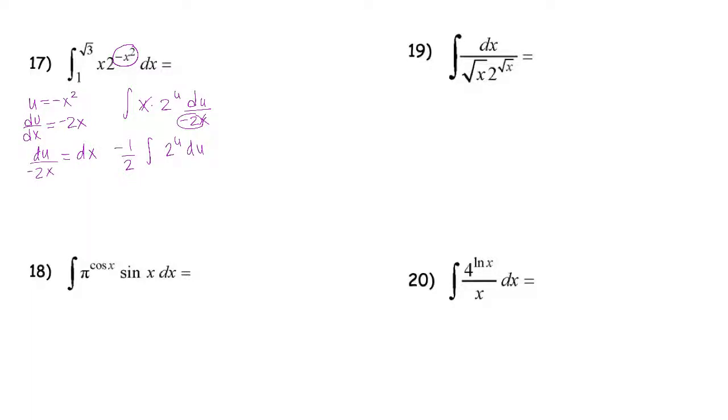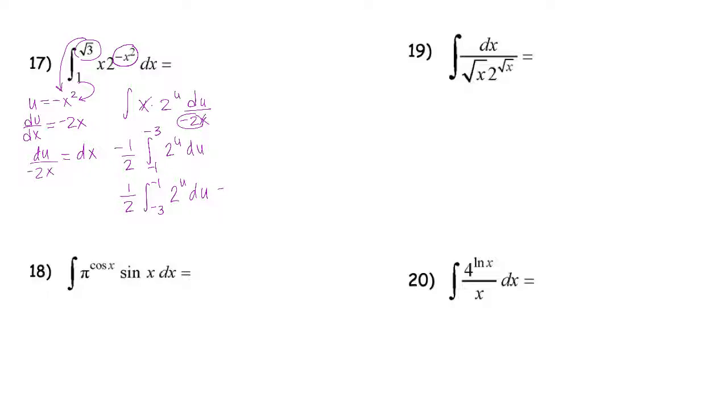We do need to reset these endpoints, so let's substitute in. And so that's going to give us negative 3. And if we plug in a 1, we're going to get negative 1. And so now we need to invert those. So we now have a positive 1/2, the integral from negative 3 to negative 1 of 2 to the u du.